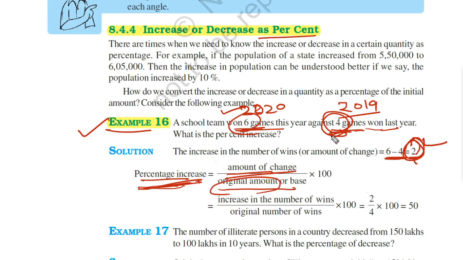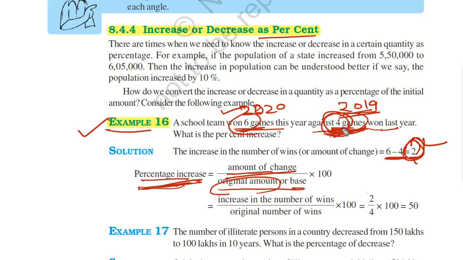Original amount means the year 2019 in which 4 games were won. So the original amount here is 4. So amount of change divided by original amount or base. So the base is 4. We are comparing with this. Last year it was 4. This year 6. So increase is 2. Increase from what?